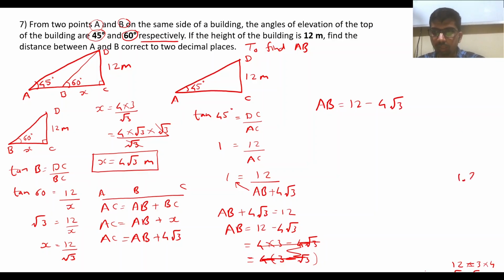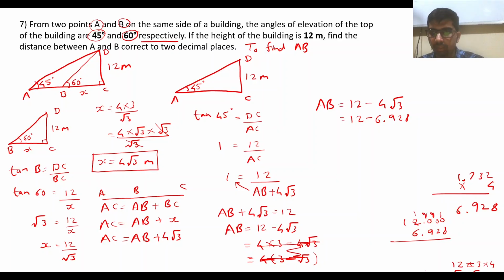√3 value is 1.732 into 4. 4 2s are 8, 4 3s are 12, carry 1, 7 4s are 28 plus 1 is 29, carry 2, 4 1s are 4, plus 2 is 6. So 12 minus 6.928. So 12 point, take 3 zeros, minus 6.928. तो ये हो जाएगा 10 minus 8 is 2, 9 minus 2 and so on.